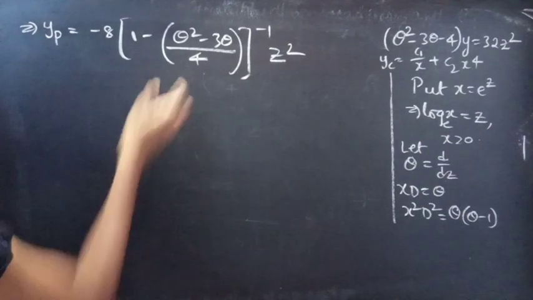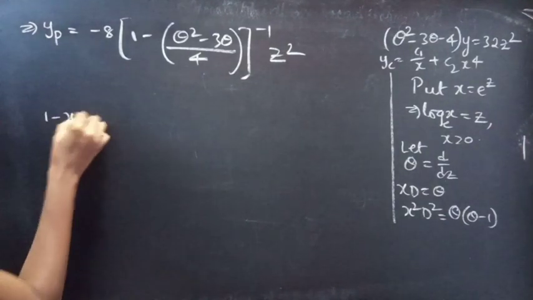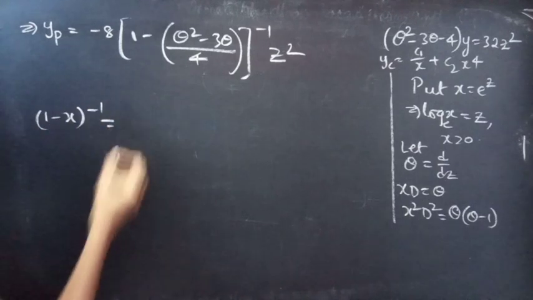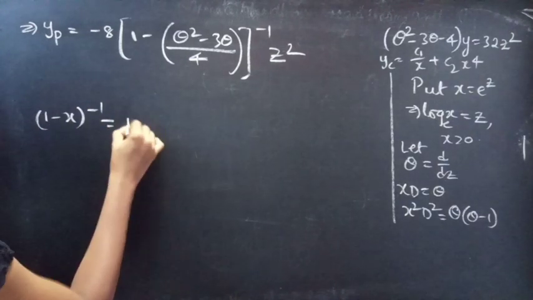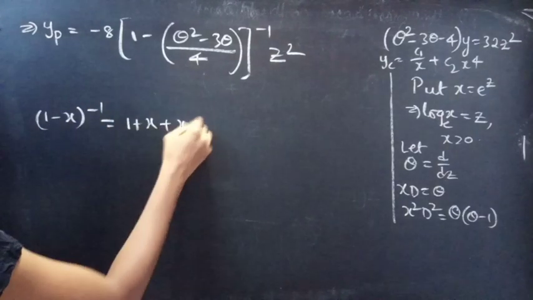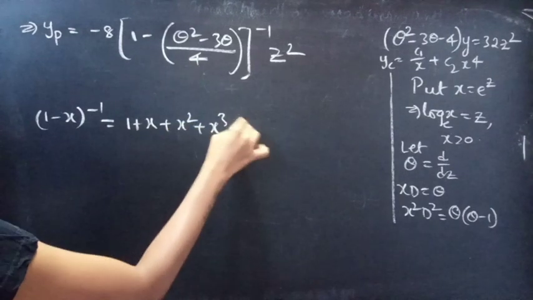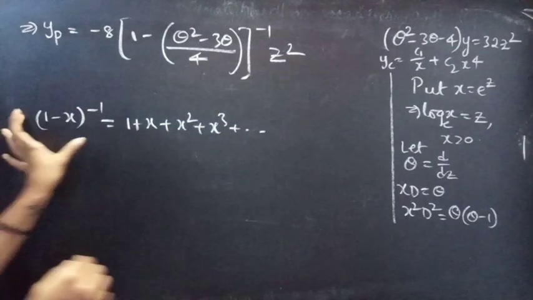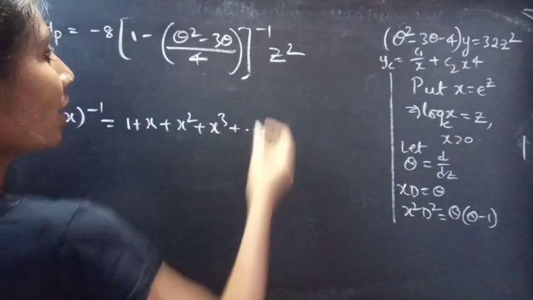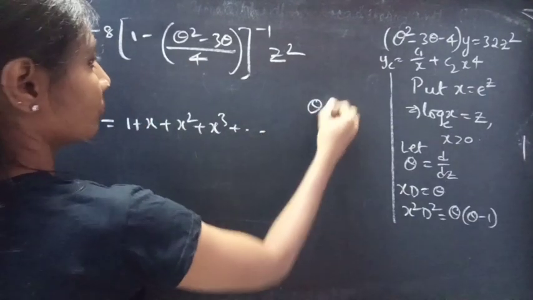Now we can expand this term using the 1 minus x whole inverse formula, the binomial series expansion formula, 1 plus x plus x square plus x cube plus so on. So before applying this formula, we'll find derivatives of z square.